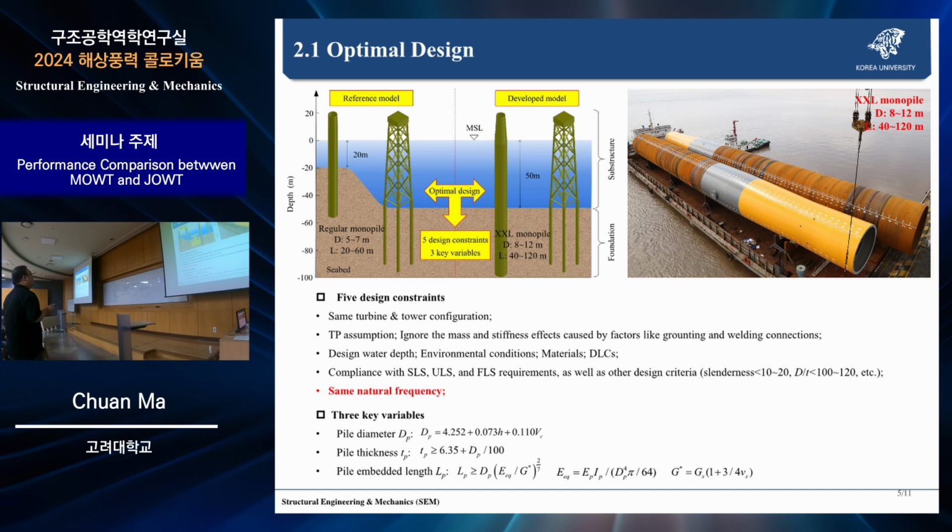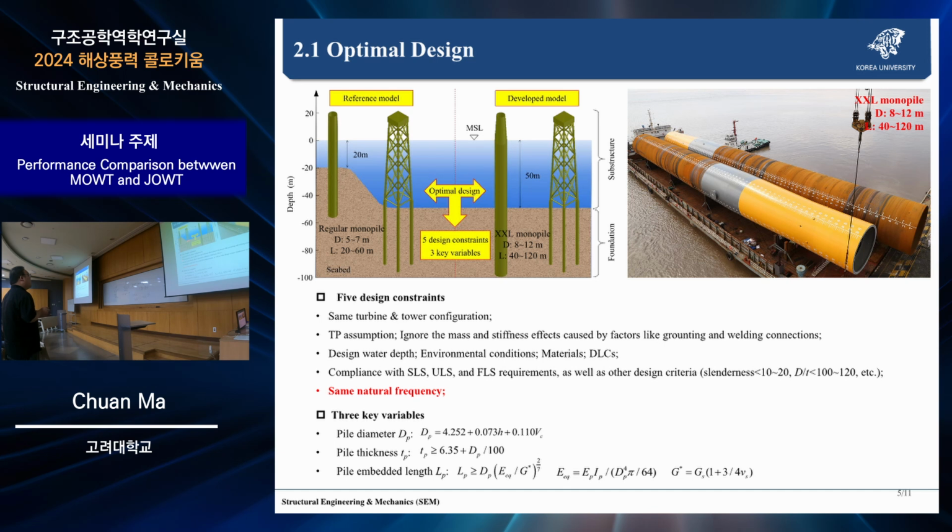So to make a fair comparison between these two substructures, first we have to set a principle to keep these two structures the same. Maybe we can keep the mass of both structures the same, or we can keep the stiffness the same. But in our research, we keep the natural frequency of these two offshore wind turbines the same.